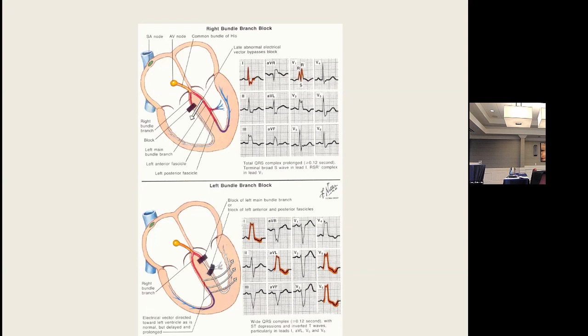This is the right ventricle, so the fascicle going to the right is called the right bundle. Notice if you block a right bundle, it's one fascicle. If you block a left bundle proximally, like here, it's a bifascicular block. You're affecting two fascicles of wiring. More tissue affected.